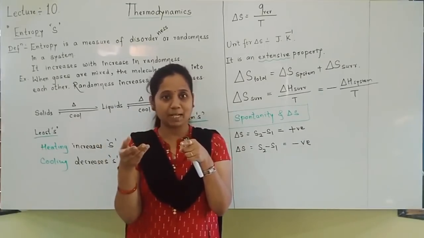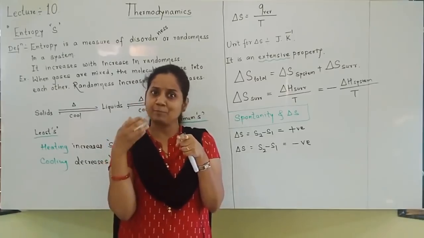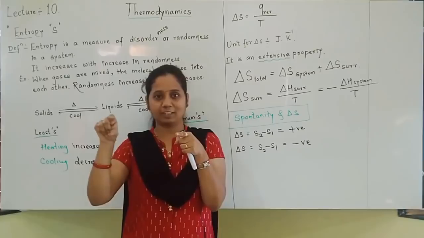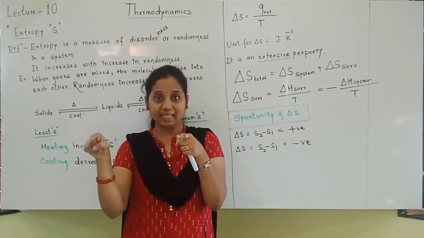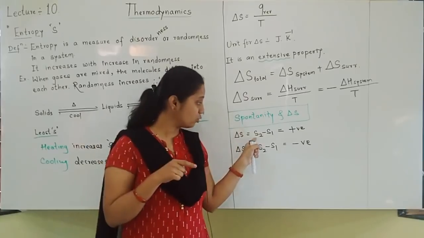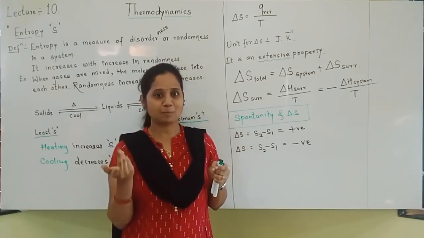Ice is melting. This example I am telling you is for a spontaneous process. On its own, ice melts and solid gets converted to liquid. Entropy increases, S2 will be more. So the difference S2 minus S1 will be positive.